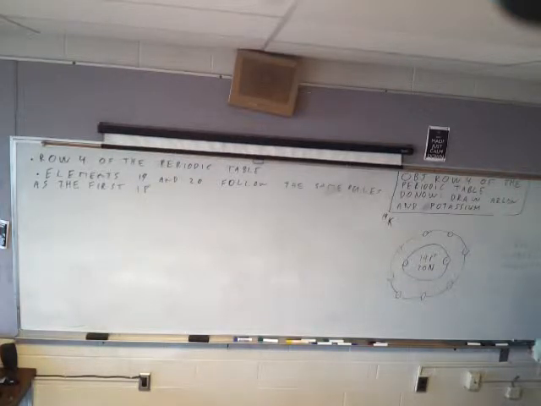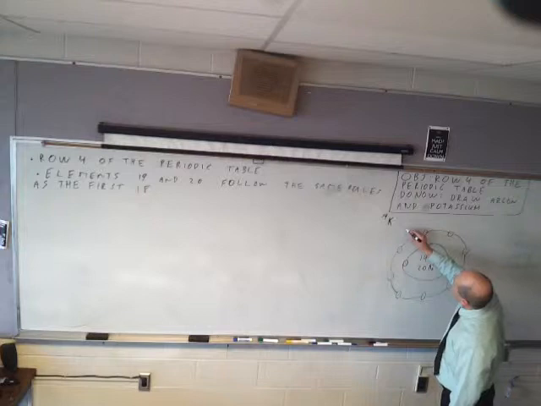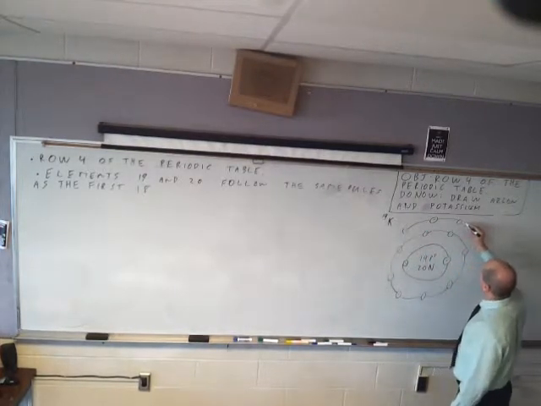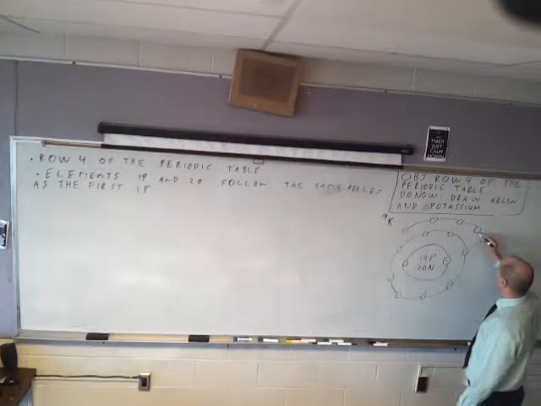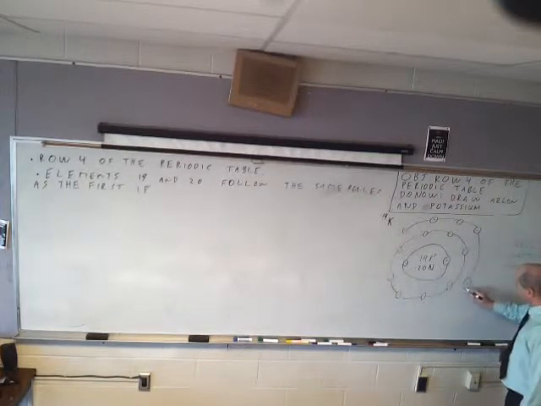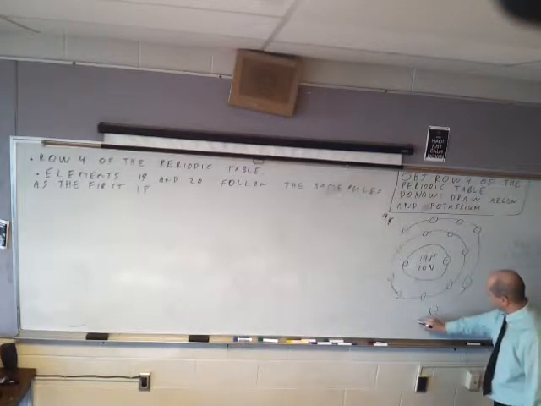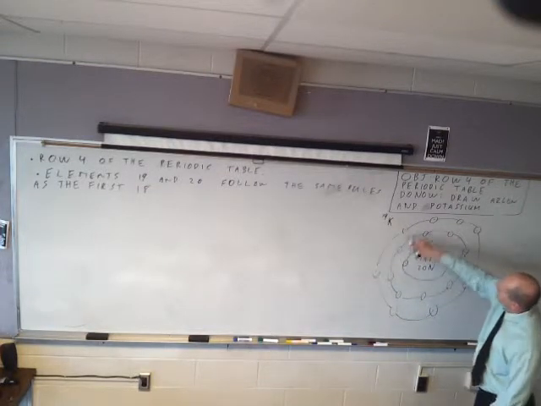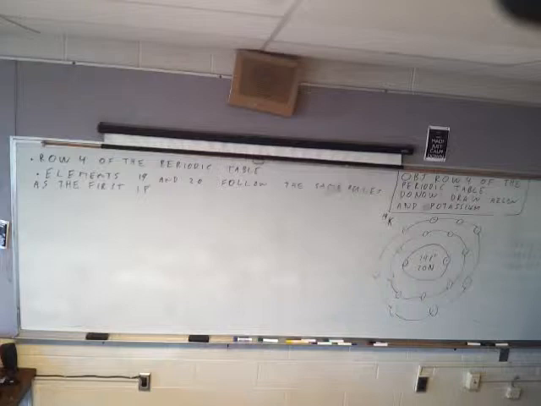So we're also going to put 8 in the third shell. And then space these out here. So what I have so far for the electron shells looks like argon.